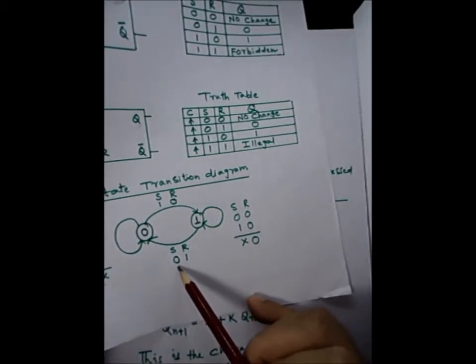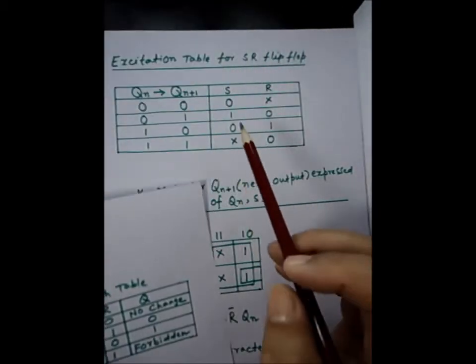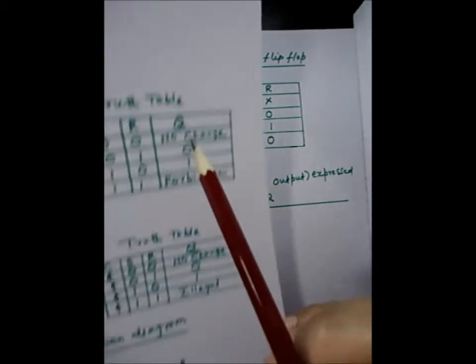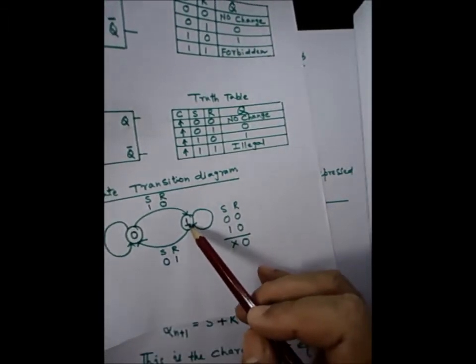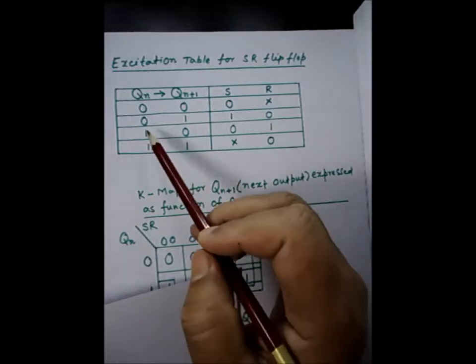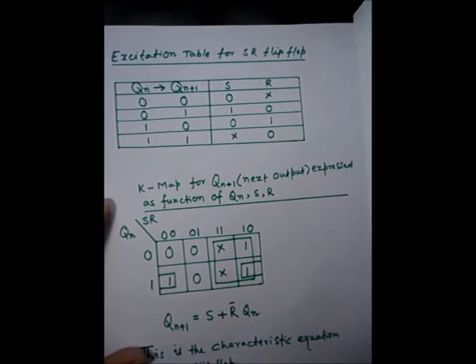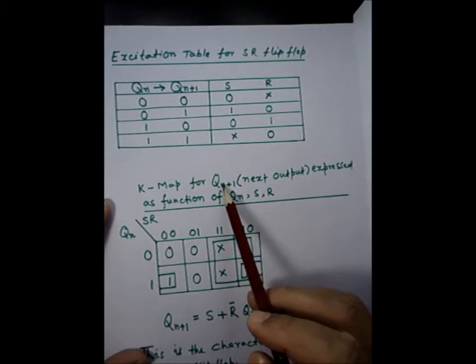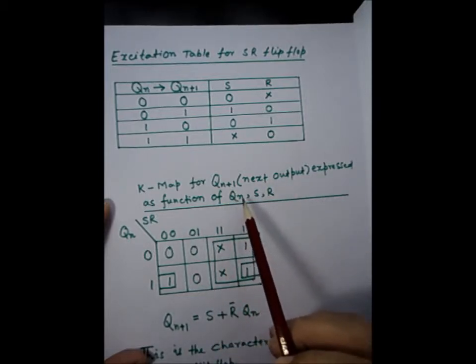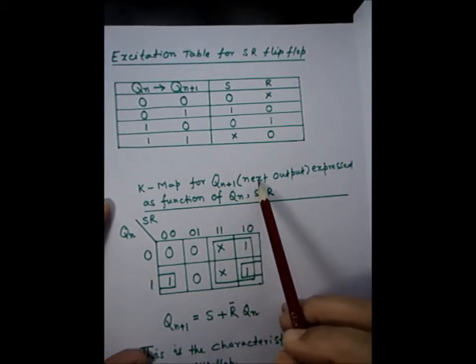Now if it is 0 1, you can see the previous state was 1 and it goes to 0. In that way, we get the excitation table. Now to derive the characteristic equation, we take Qn, S and R as the inputs and Qn plus 1 as the next output.